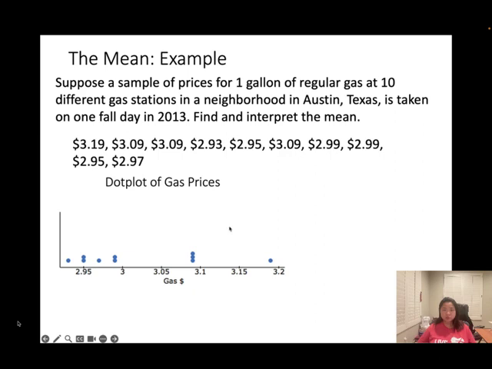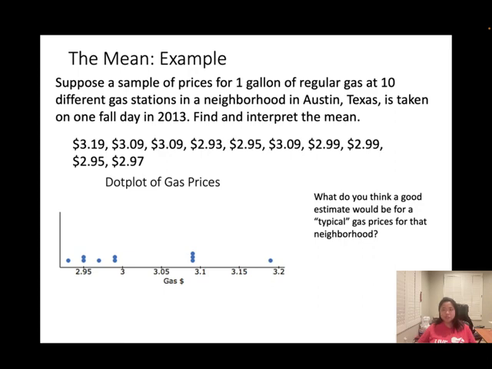Check your work, and you're going to count how many data you have. It means how many dots do you have. So what do you think a good estimate could be for a typical gas price for that neighborhood? Would it be the mean?